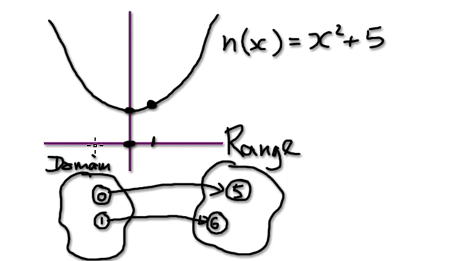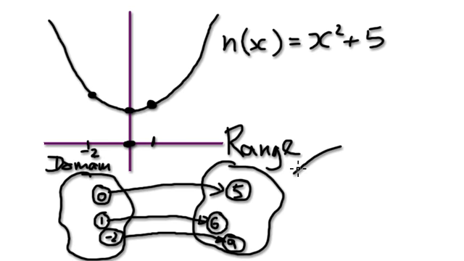So here, suppose you have minus 2 over here. When you put minus 2 into here, this will be 9. So minus 2 will be mapped to 9.